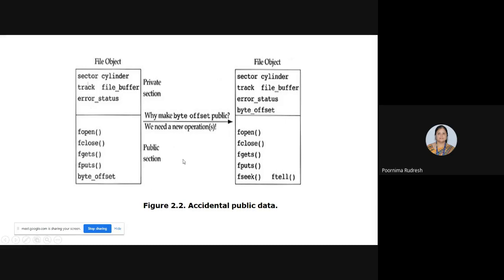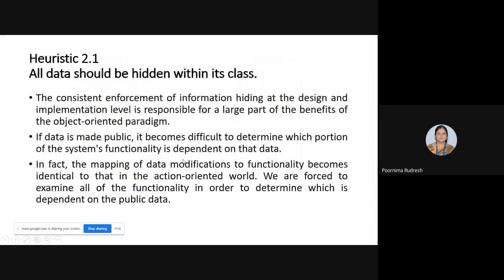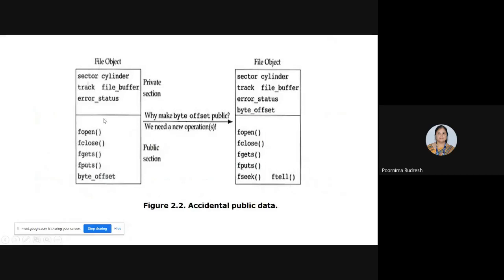So we need to avoid treating the data as public. If data is made public, then it is difficult to determine which portion of the system functionality is dependent on that data, because we are performing open, close, gets, puts operations on different files, and if byte offset is public, it is very difficult to find out which particular file we are considering.